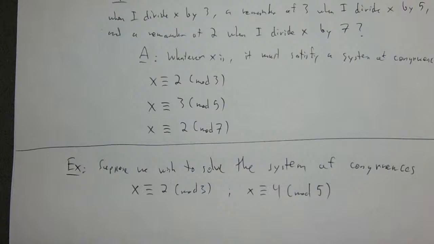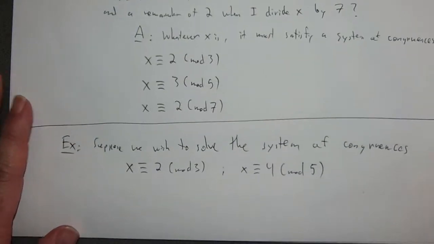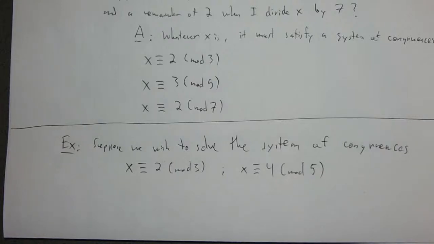So what do we do here? To do the most straightforward thing, I start with the congruence that has the largest modulus, so this one. We'll see why in a second we want to start with the largest modulus. You can start with either one. It's just, if you start with the largest modulus, this process is going to be shorter. So starting with the congruence with largest modulus, that's 5 here.